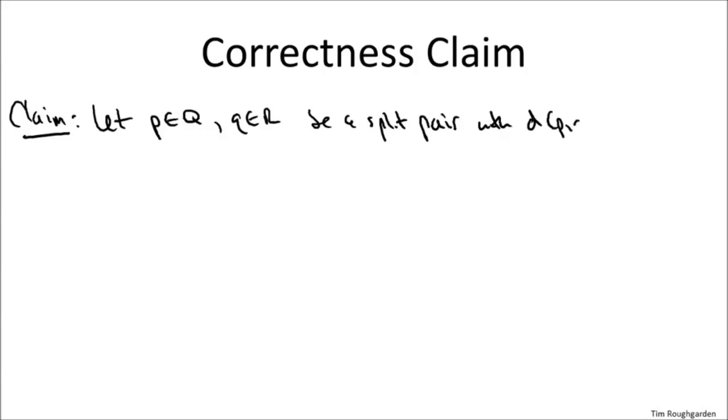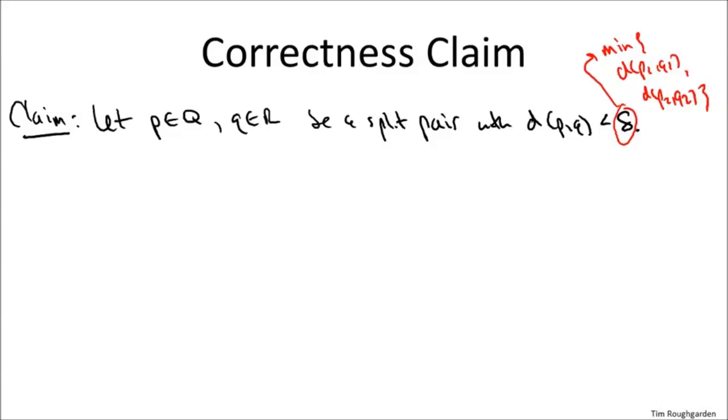Don't forget what this parameter delta means. What delta is, by definition, is the minimum of d of p1 q1, where p1 q1 is the closest pair of points that lie entirely in the left half of the point set, Q, and d of p2 q2, where similarly p2 q2 is the closest pair of points that lies entirely inside of R.